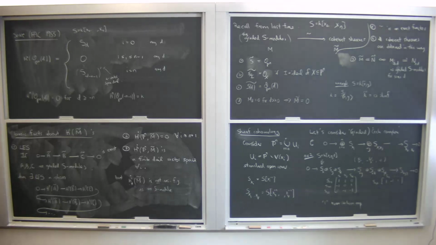But you completely don't see the torsion that way. And that only works for smooth varieties. If it's singular, you have to do something else, and I don't know of a good way of doing it in general.